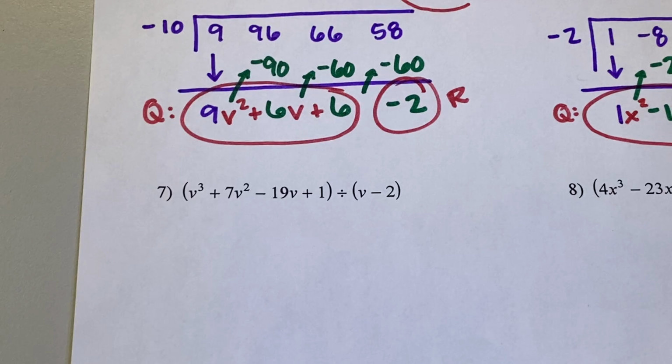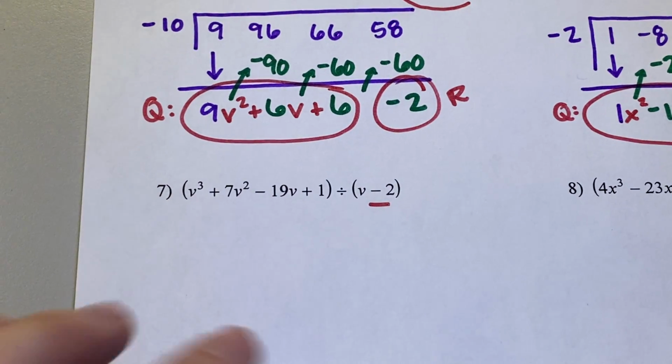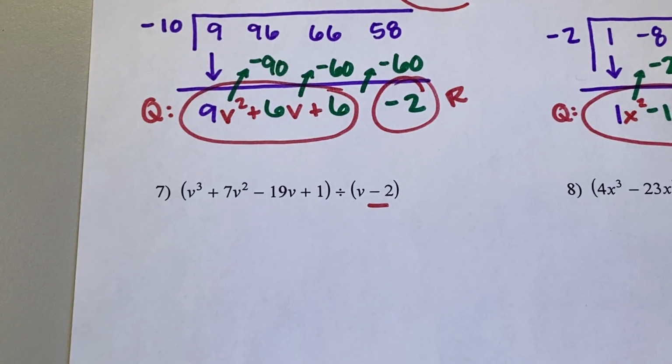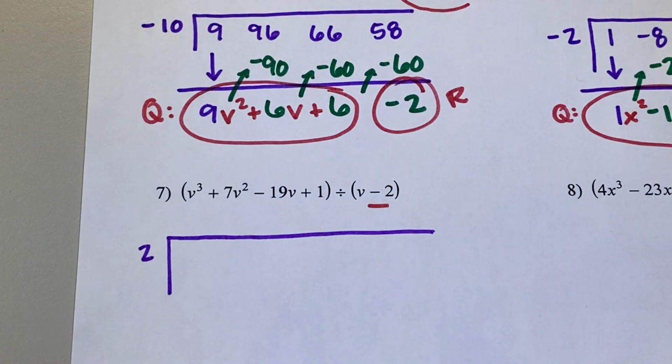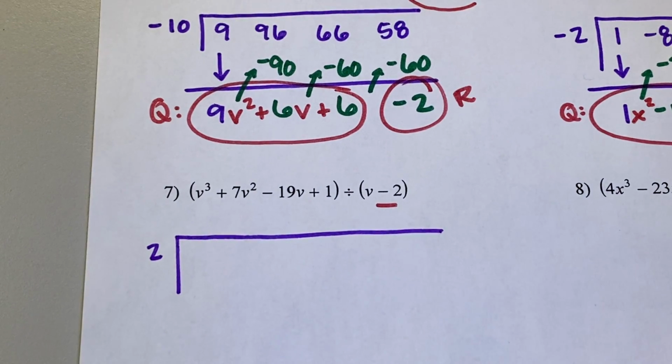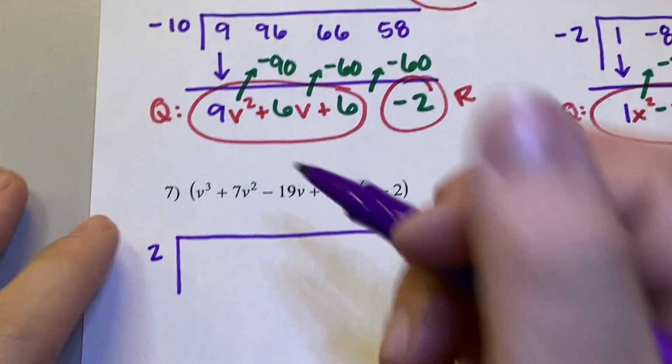Number 7. I need to grab that little divisor, but instead of -2, I change it to a positive +2. +2 on the outside. Division symbol. We only care about the coefficients here.